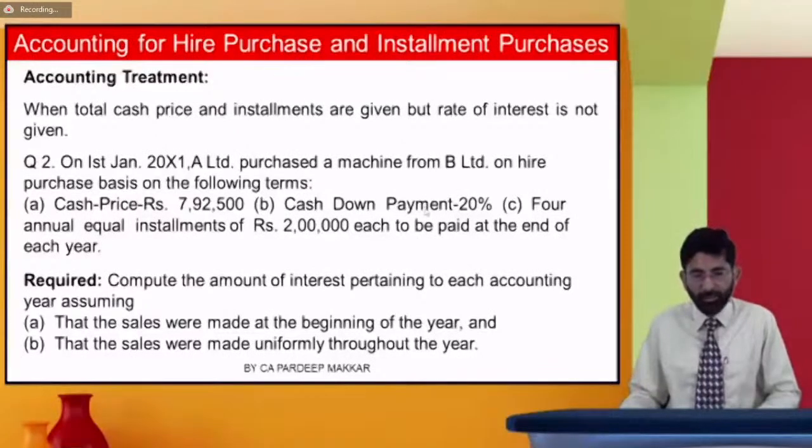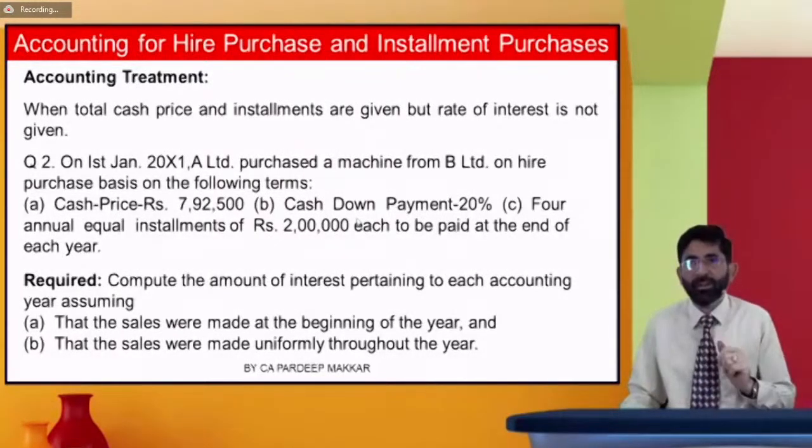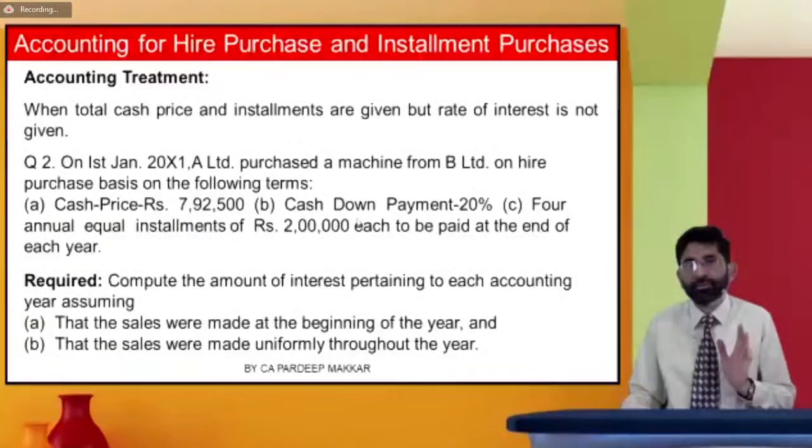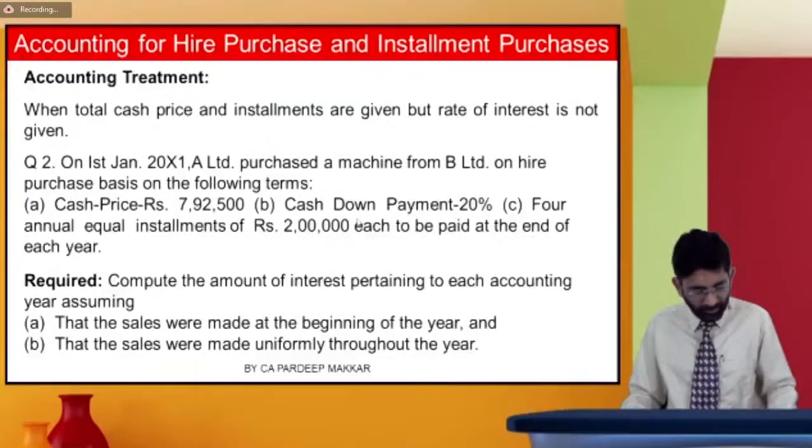But when we come to HP price of installment, it is given 4 annual equal installments of 2 lakh each. It means for installments, we have to pay total rupees 8 lakh, 2 lakh into 4 because 4 installments are there. So that 8 lakh rupees is our total outstanding amount of HP price. Is that clear, beta?